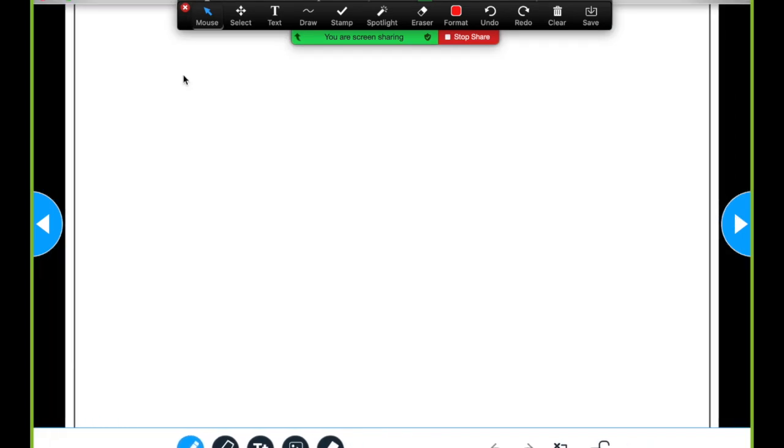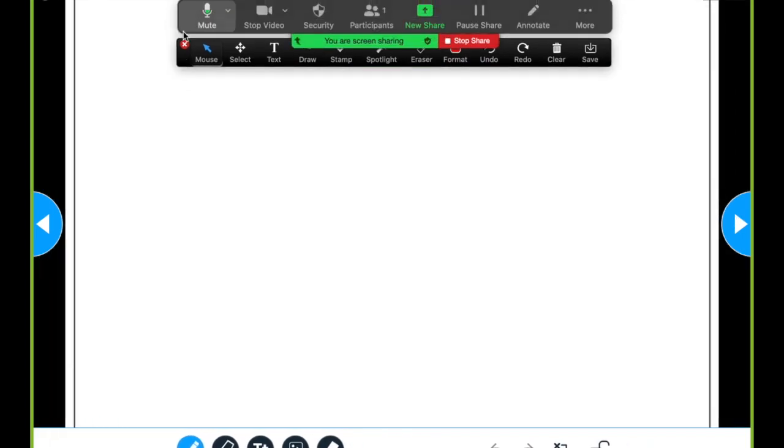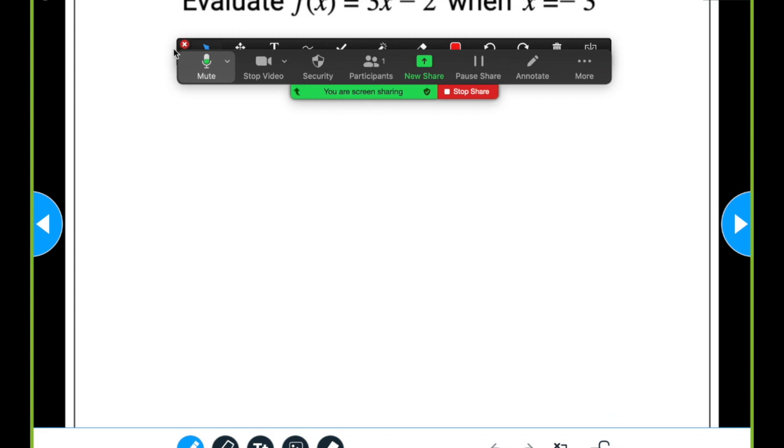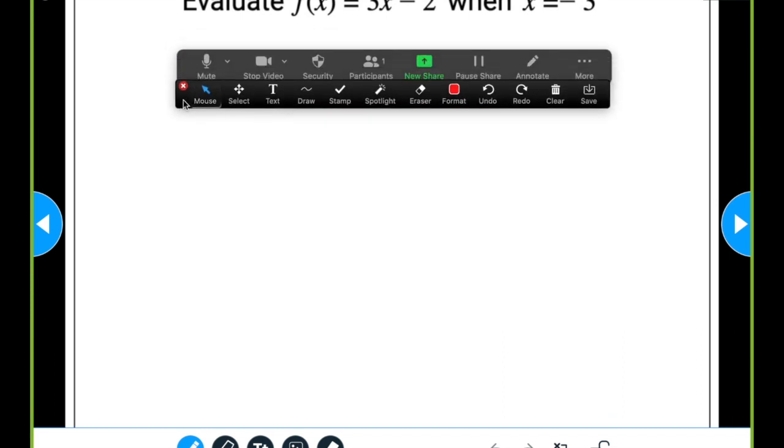So let's say, for example, you can't see what the question asks. It says to evaluate f of x equals 3x minus 2 when x is equal to negative 3. I'll give you time to do that. Okay.